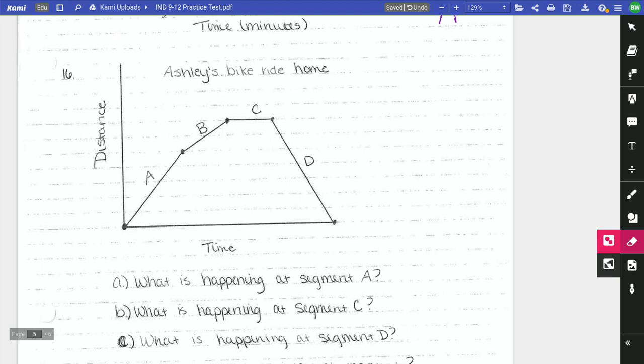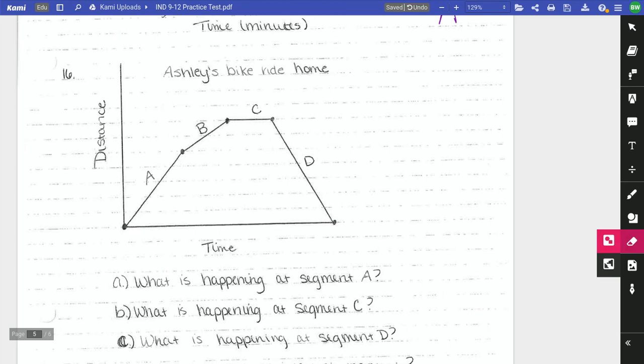But we know from looking at this graph, the distance from wherever she starts, her distance is 0, and it ends up at 0. She's back where she started from. So that's why I would rather say Ashley's round trip.